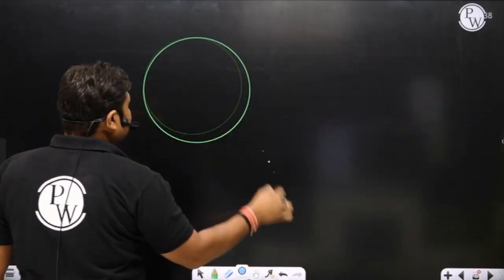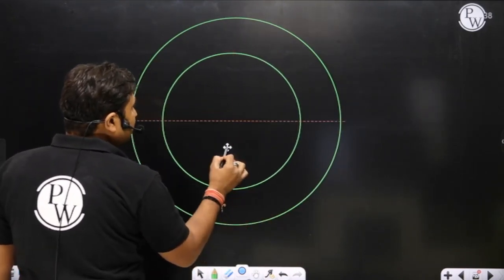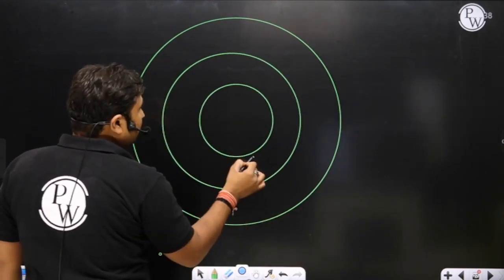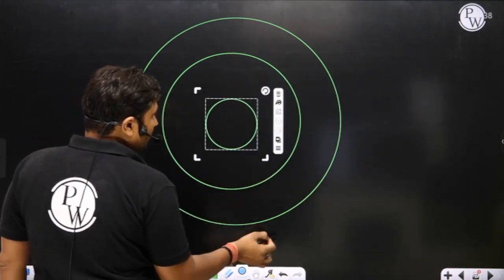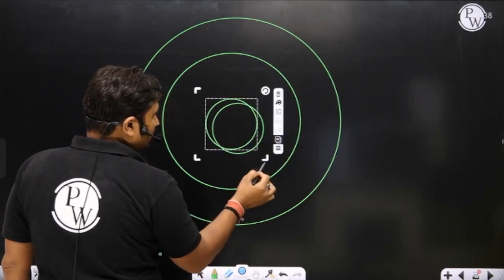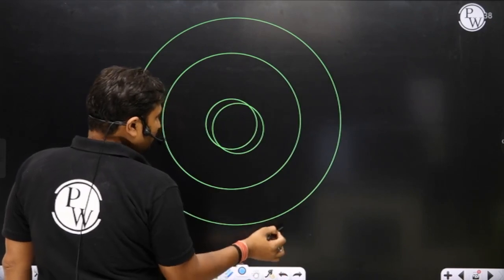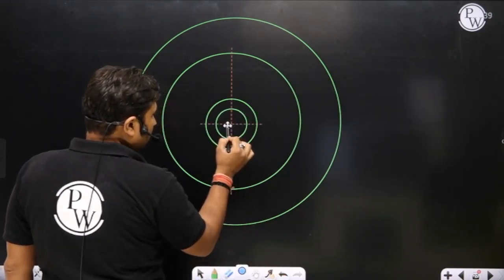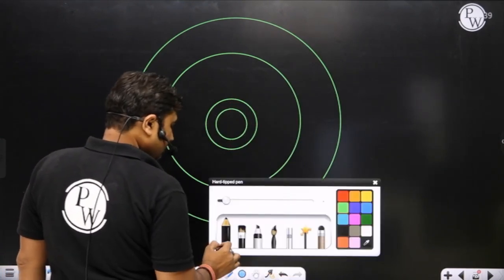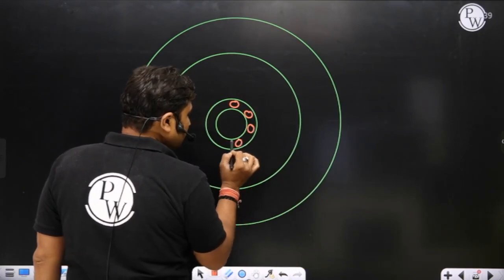It can be clearly understood with a simple experiment. Please observe here. Suppose I have ball bearings here. These are the balls.